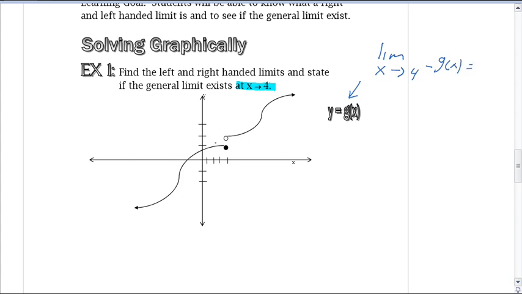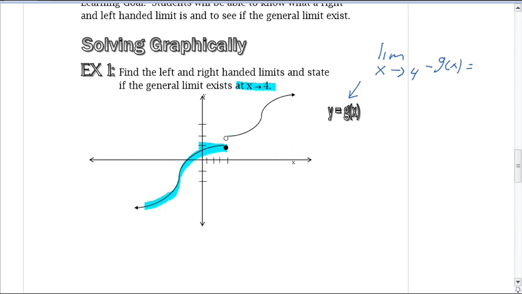Let's see if we can figure out what the intended height is from the left. Let me grab a highlighter here. If I'm approaching from the left, I'm on the left-hand side of the graph, and I would just go all the way up until I got this height right here. It looks to me like the height is 1.